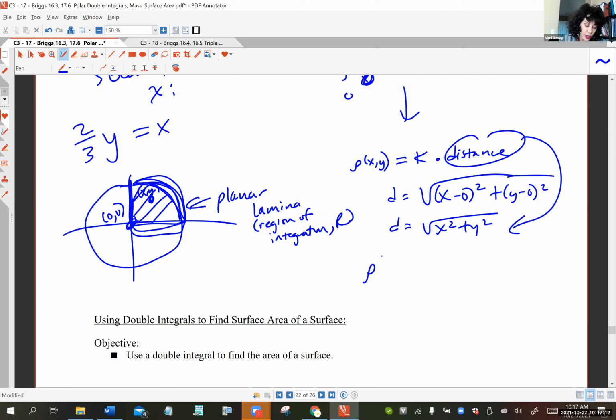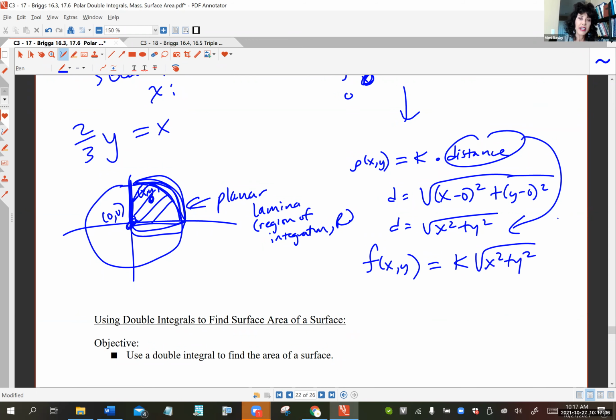So what I'm saying is your rho of x, y, that's your density function. And rho is a Greek letter. This is rho. And if you don't like it, you can use f. Like, well, I don't like rho. Why can't we just use f? Fine. Then use f of x, y. Okay? It's going to be some constant of proportionality times your distance.